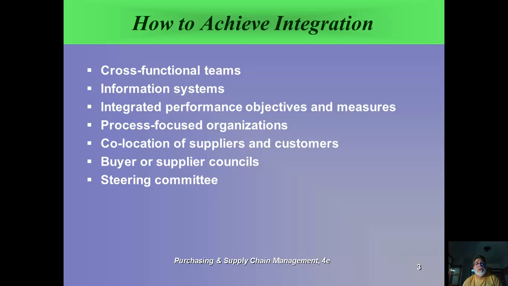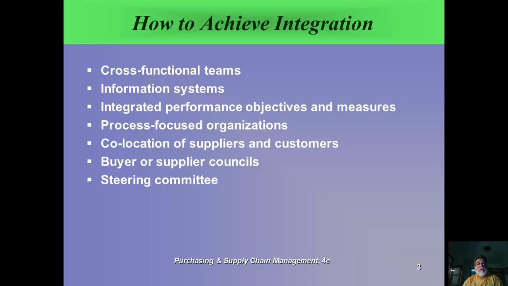We have integrated objectives and measures that are for performance that are measurable. In other words, we're measuring ourselves and we're asking our suppliers to be part of the measurement process. We are focused on the processes, okay?